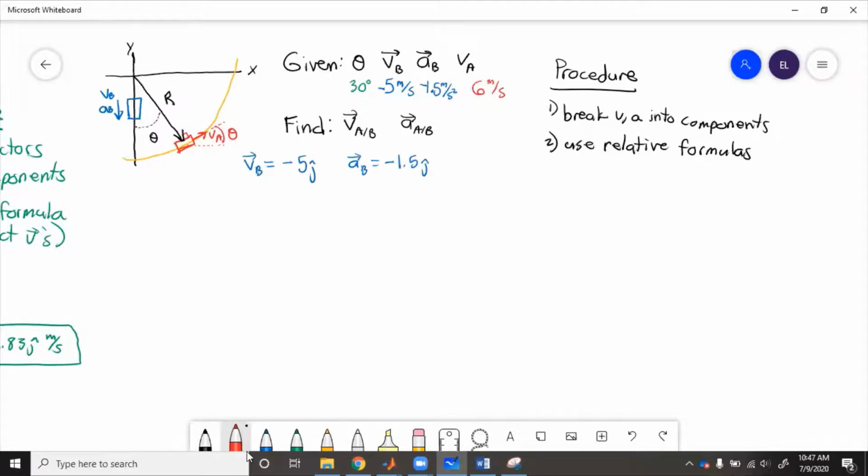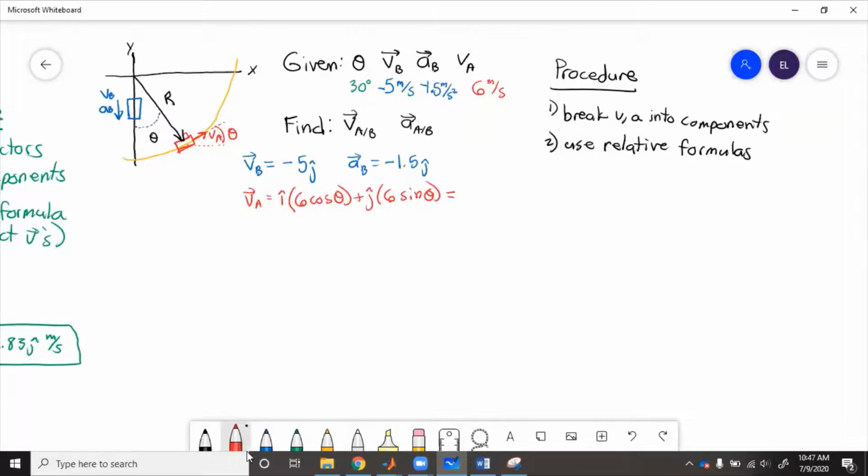So now we can break velocity of A into components. Velocity of A is going to be, in the x direction, i hat times 6 cosine theta, because it's going positive, and also positive j hat 6 sine theta.